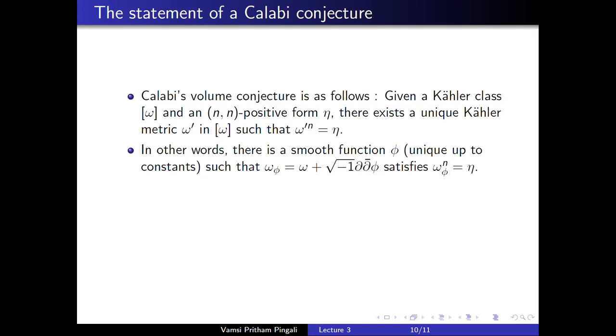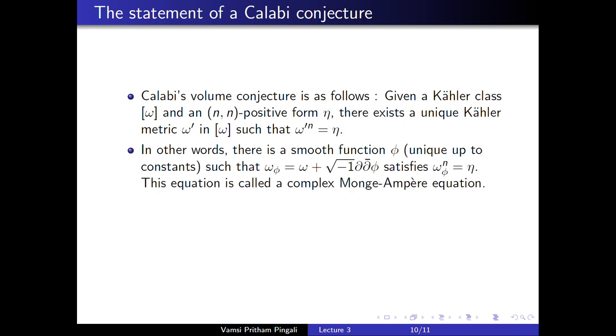But anyway, don't worry too much about the PDE aspect. The bottom line is you want to solve this equation, omega plus square root of minus 1 del del-bar phi raised to n is eta. What does this equation look like locally? Locally, it means the determinant of omega plus del del-bar phi is given, right?